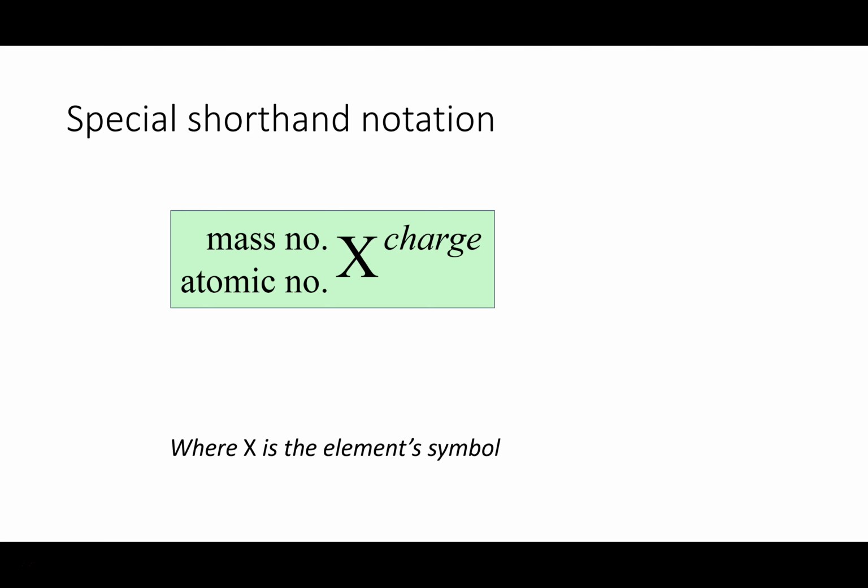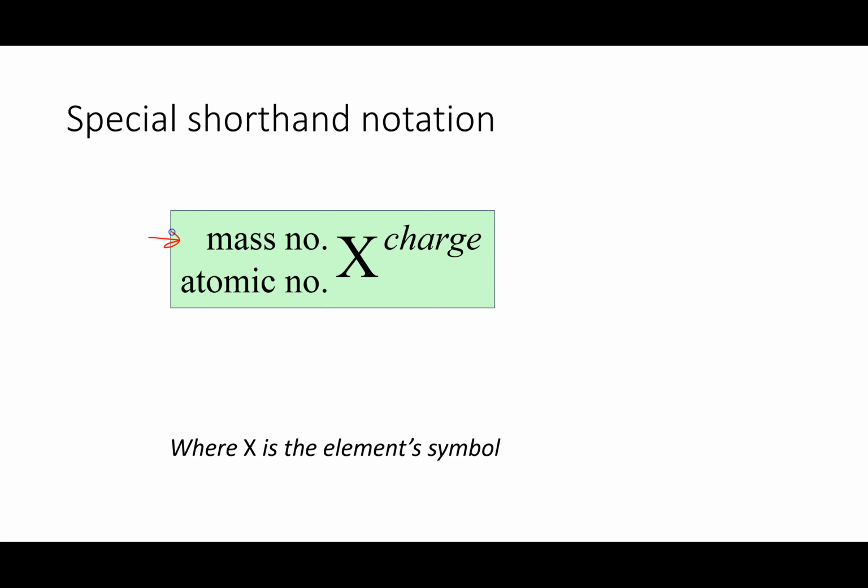On your test for this unit, I might ask you questions about how many protons, how many neutrons, and how many electrons something has, using this shorthand notation. In this shorthand notation, you're going to see the mass number in the upper left, which is the number of protons plus the neutrons.